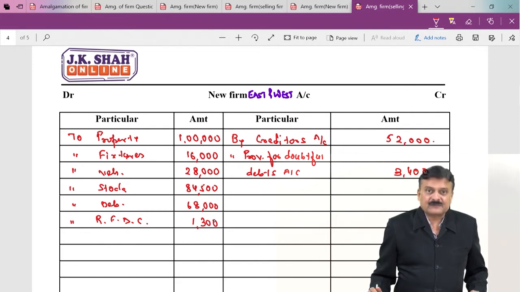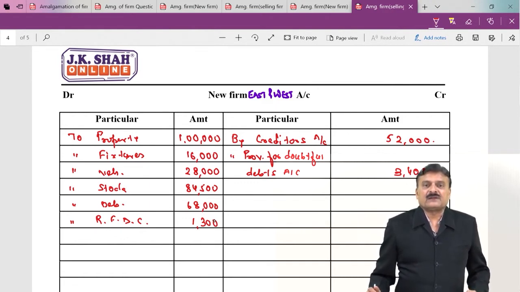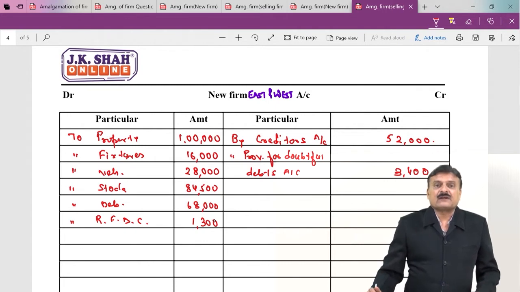I am taking the first firm, Western Trading. Stock, vehicle, fixtures, property, all effects we have given. Goodwill will not have any effect, because as per AS 26, goodwill cannot appear in the books of the old firm, as it is getting closed. Yeah, it will indirectly affect our new firm.